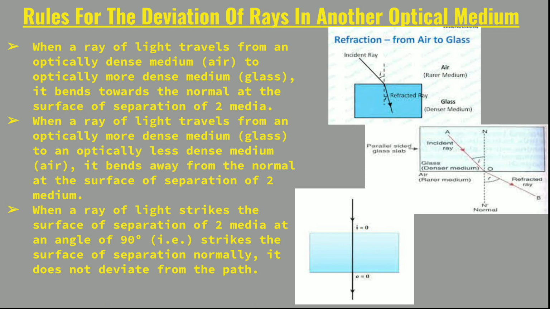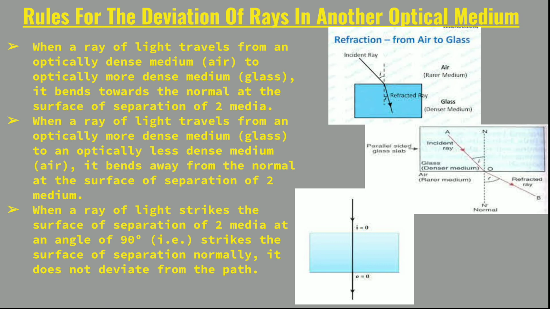See from the picture, air to glass, the dotted line is the normal line. This is the incident ray which is striking the surface. When it enters the glass, it bends towards the normal. The angle of incidence is more than the angle of refraction. So the refracted ray bends towards the normal at the surface of separation of two media.